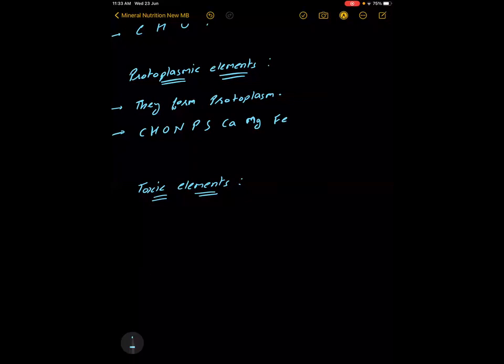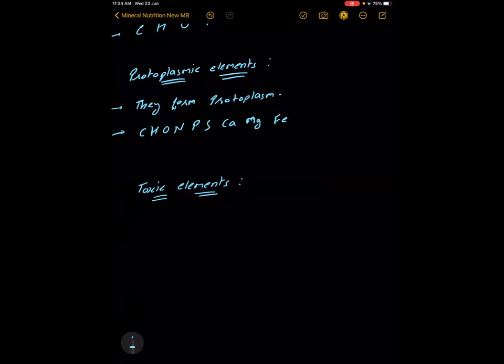They reduce the dry weight of the plant by about 10%. Means 1 kg of plant becomes 900 grams only, like this.